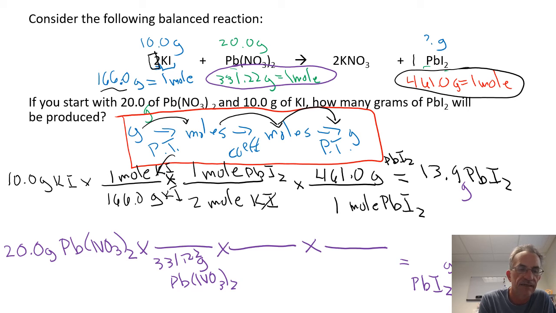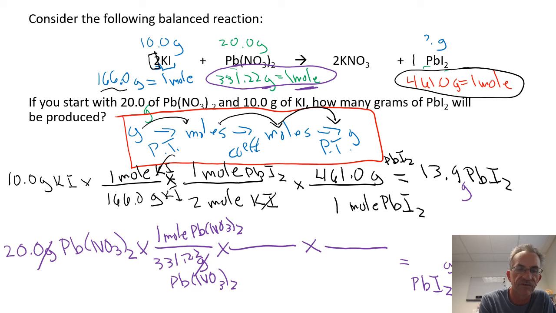And then looking at my conversion factor, since I put grams on the bottom, the 1 mole has to go on top. I wish I could add a little more room on this screen, but hopefully it's not going to be too messy. Okay, now right now, grams cancels. So I have moles of lead nitrate.